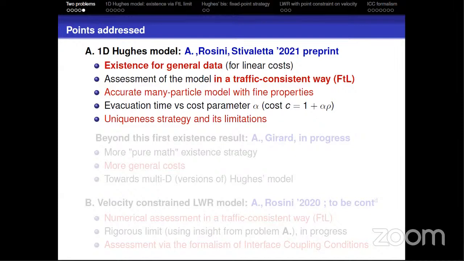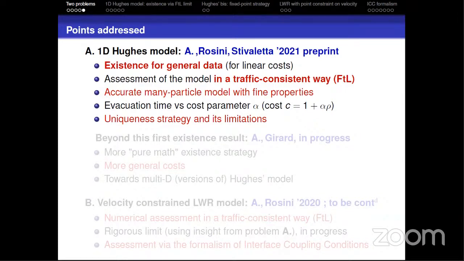And because I really like uniqueness questions, we also did a part of work about uniqueness strategy, which will essentially focus on the limitations. Somehow I will tell you that what worked for uniqueness for these moving interface problems with discontinuous flux does not really work, or works in a very limited context, for the Hughes models.